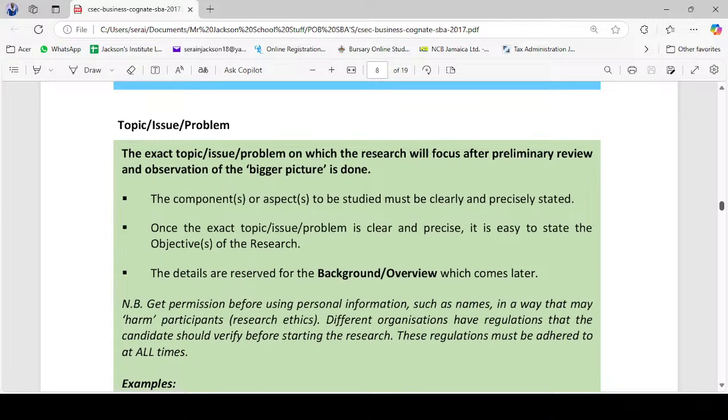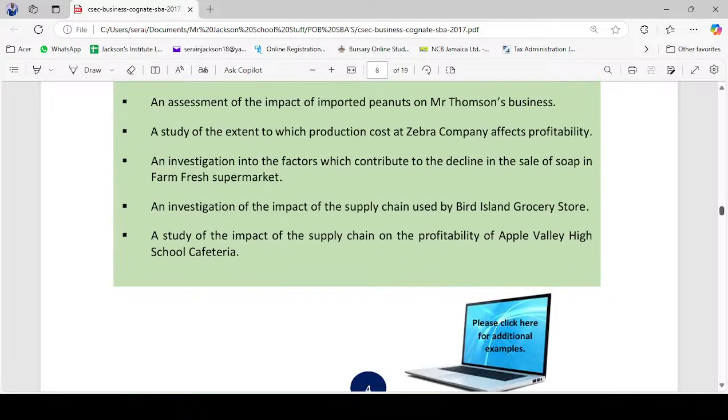So the components or aspects to be studied must be clearly and precisely stated. Once the exact topic or the issue or the problem is clear and precise, it is easy to state the objectives of your research. So the details will come later on in the background or the overview.